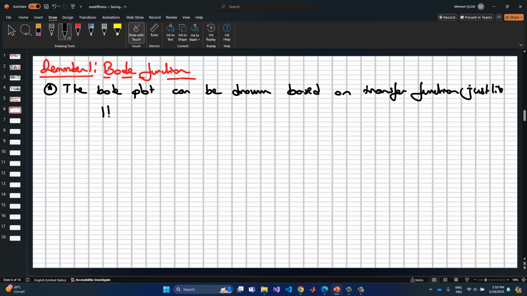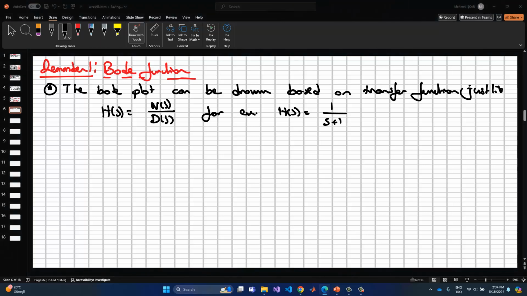We always have the H(S) in here, and we have the numerator and the denominator. For example, from the previous example, H(S) is equal to 1 divided by S plus 1. Okay, this is reminder 1 for the section.